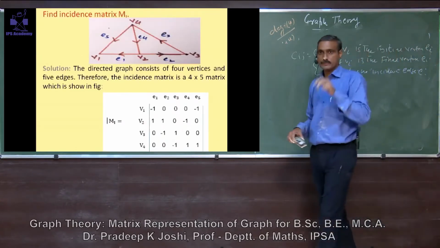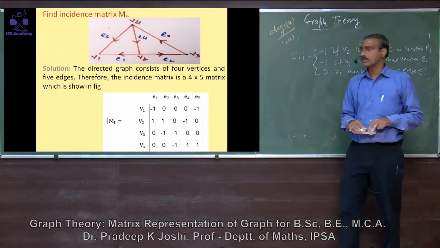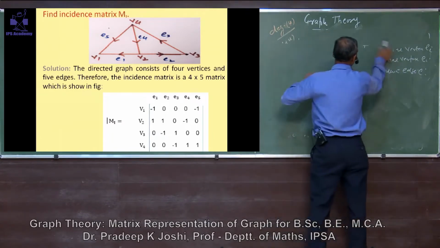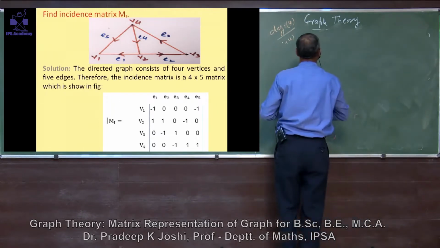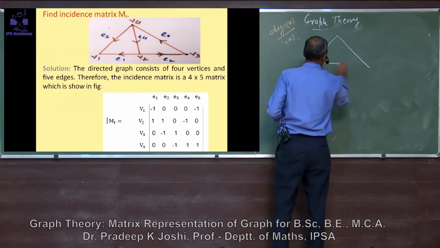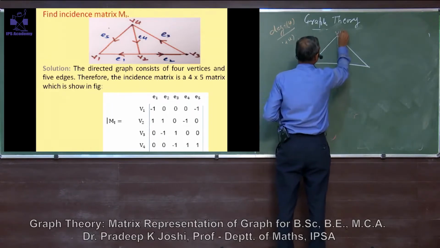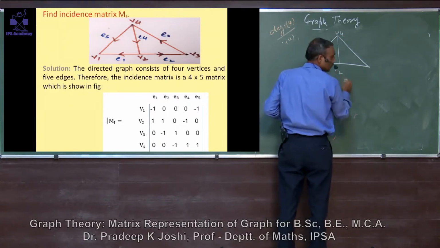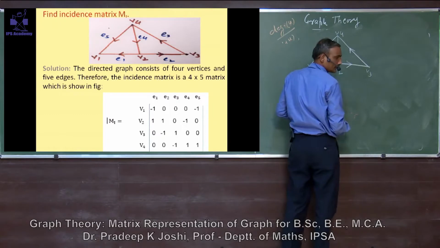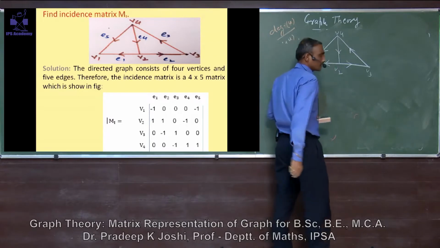Now this is the example. You have to find the incidence matrix of the given directed graph. Just to recall, when it will be 1, when it will be -1, and when it will be 0. Suppose we consider a graph here. This is V1, V4, V2 and V3, and the direction is this way. This is the graph G here.